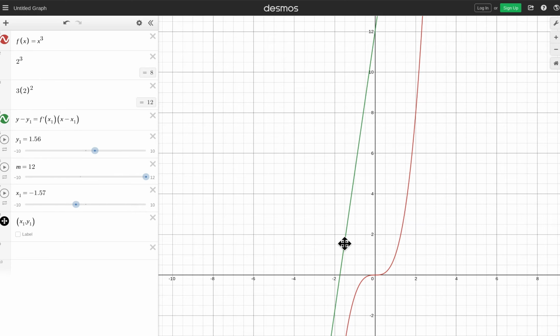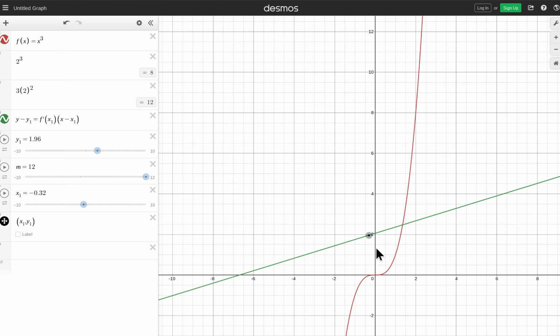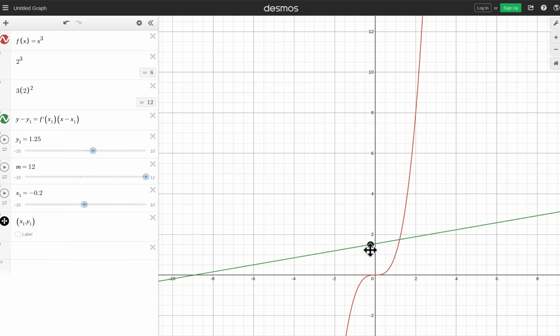Okay, so we got one thing. What this is doing right now is taking the x value of the point, finding the derivative of this function, plugging the x value in, and using point slope form to create a line.